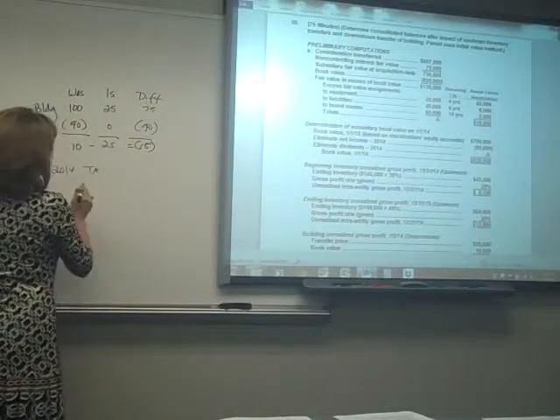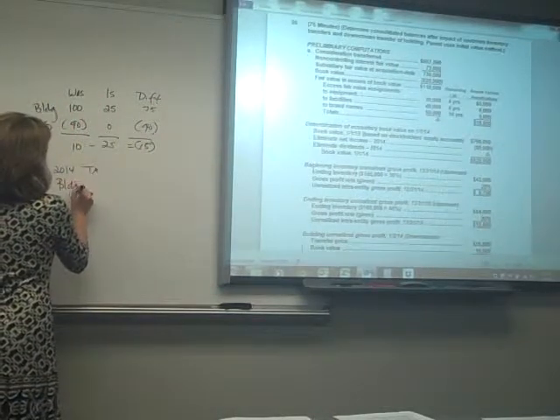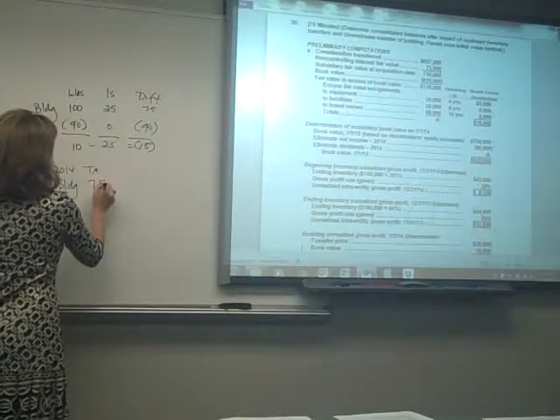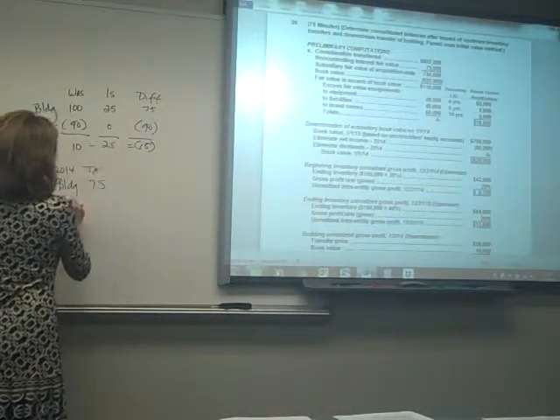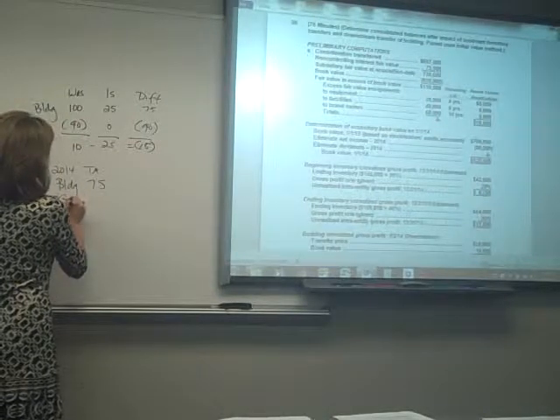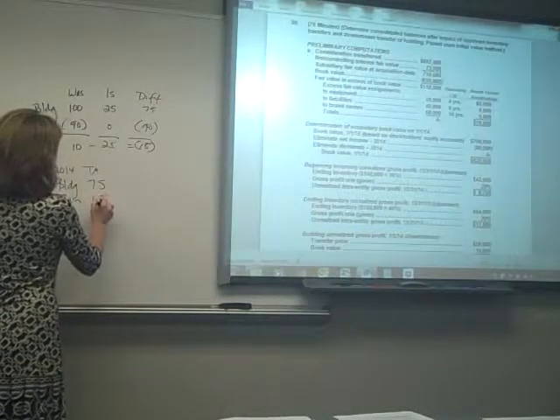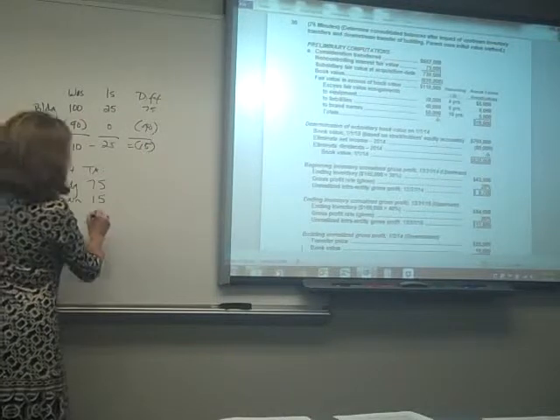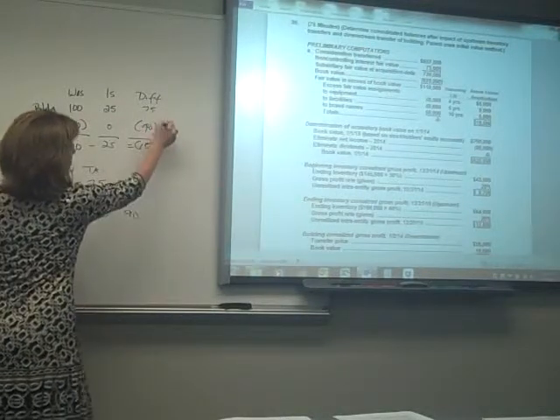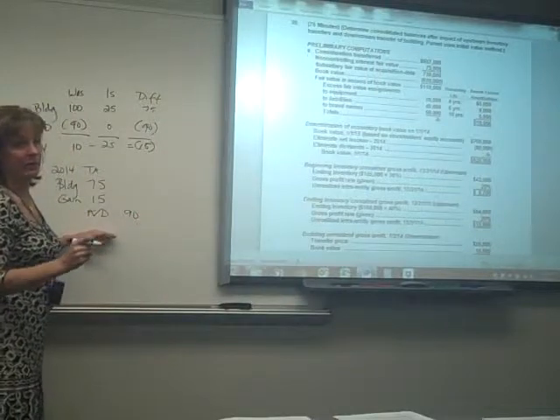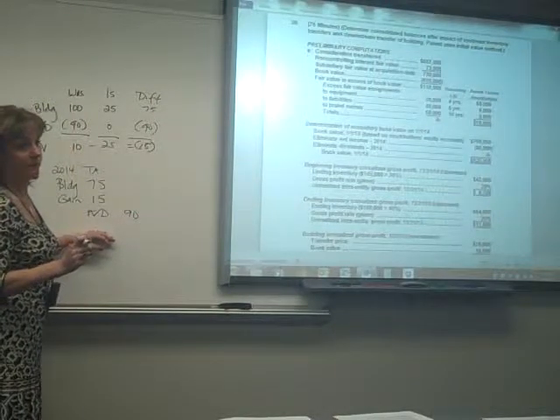So I need to increase my building with the debit for 75. This is in 2014. I need to remove the gain, because there was a gain on sale of 15. And then I need to credit accumulated depreciation for the 90. So there's my 3 numbers that I used for my TA in 2014.